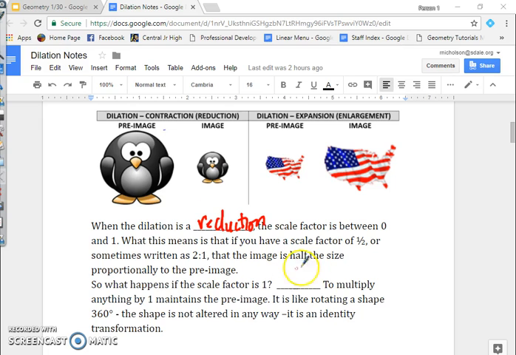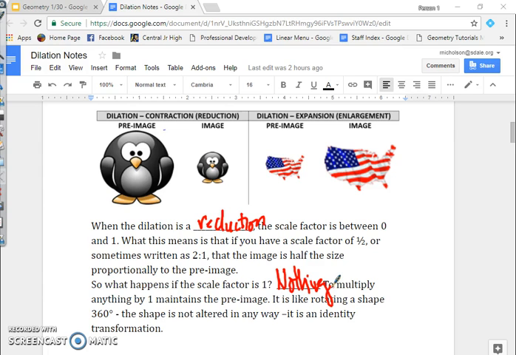Okay, so what would happen if your scale factor was 1? Yeah, so nothing. If you have a scale factor of 1, nothing changes. When you multiply anything by 1, it maintains the image. It would be like if you're rotating a pre-image 360 degrees.